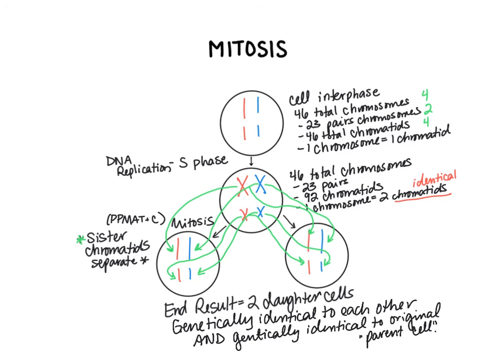So each daughter cell is back to having 46 total chromosomes, which are arranged as 23 pairs of chromosomes. There are 46 total chromatids, and that's because each chromosome is now made up of only one chromatid.